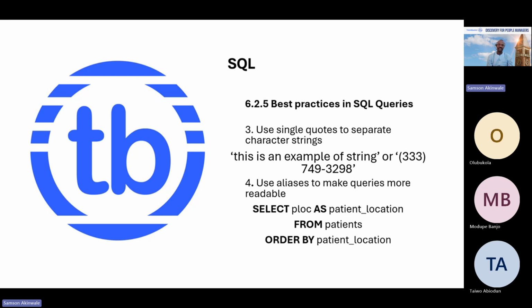In this case, you put it in a single quote, just to make it more readable and to inform SQL that it is a special set of characters that you need to take note of. So it's referring to something. It will not take it as a regular element of a statement you are just writing. It means you are referring to something that you expect SQL to go into the database or table to look for, then return back to you in the response it is going to pull out.